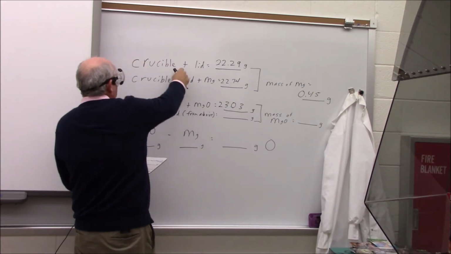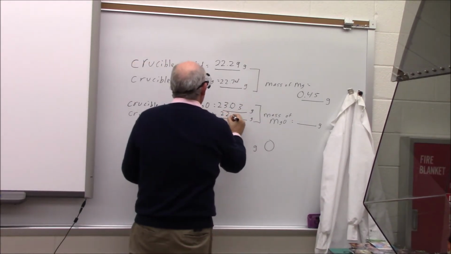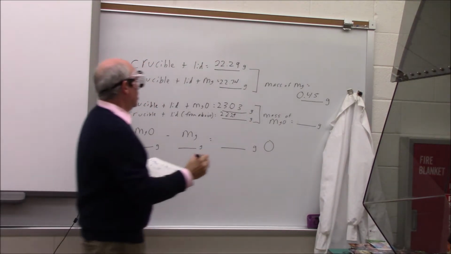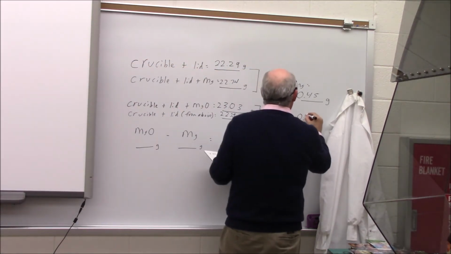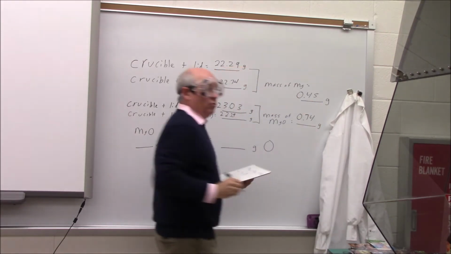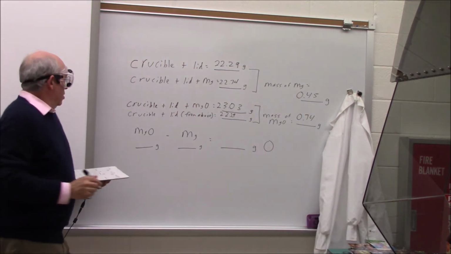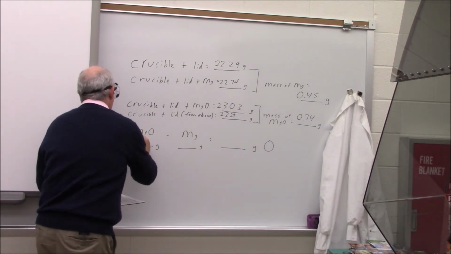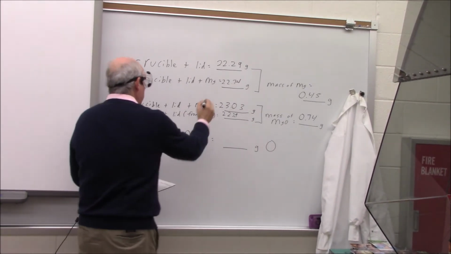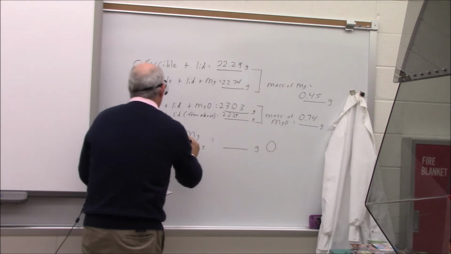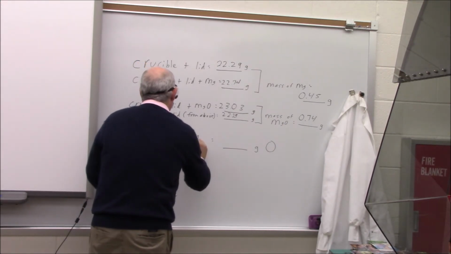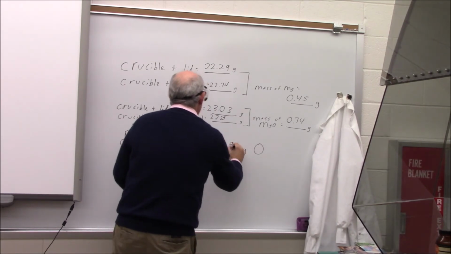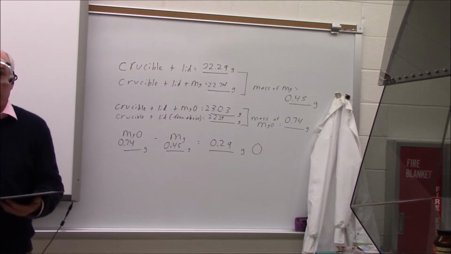Taking the crucible and lid from above, which was 22.29 grams, the mass of the magnesium oxide is 0.74 grams. So we can use the law of conservation of mass and say 0.74 grams of MgO minus 0.45 grams of Mg is 0.29 grams of oxygen in that final product.